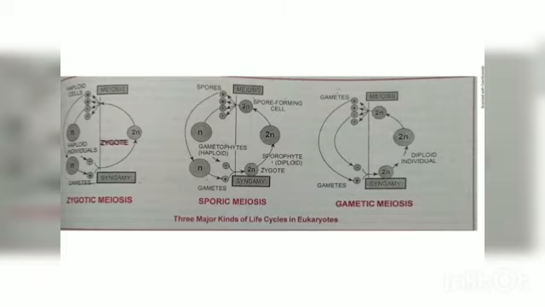Then the last one is your gametic meiosis, and it occurs in case of our highly evolved animals. That means those who are able to produce gametes from their diploid gamete mother cells. Okay, look at here.